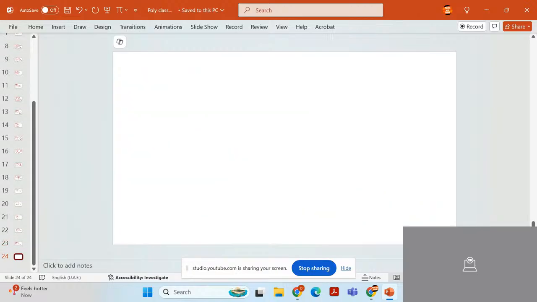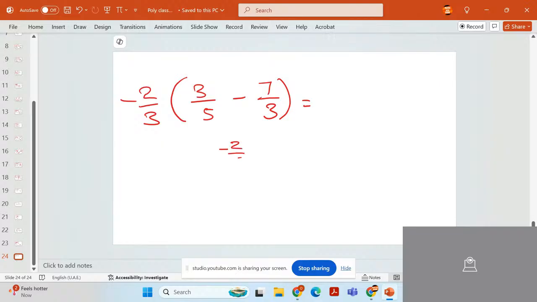Now, what happened here? Minus 2 by 3 multiplied by 3 by 5 minus 7 by 3 is equal to minus 2 by 3 multiplied by 3 by 5 plus minus 2 by 3 into minus 7 by 3.